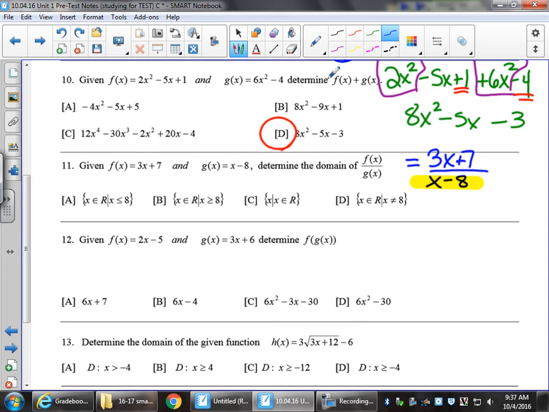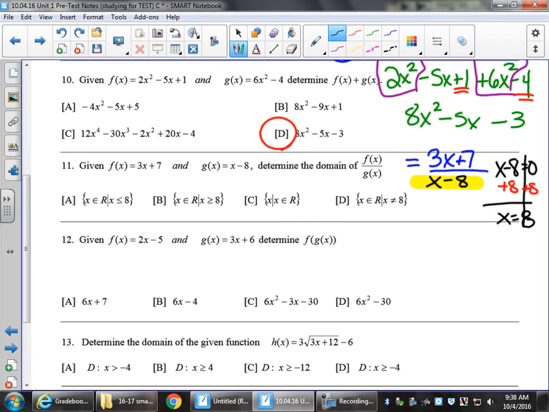I should not see inequalities on this. About 5 of you gave me inequalities for a rational function. Negatives are fine. So we're going to set x minus 8 equal to 0. And how do I solve that? So I get x equals 8.